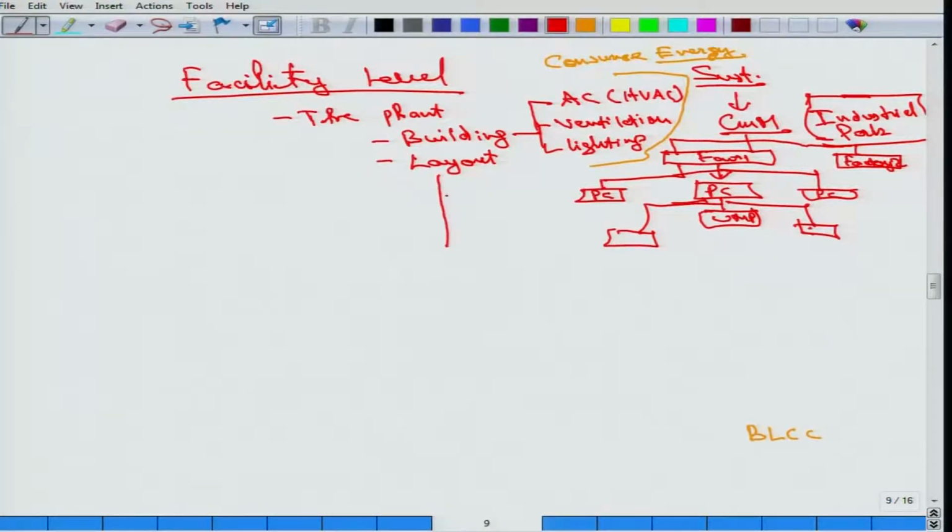In layout design, we need to consider minimum mobility, that is minimum material movement, material handling should be minimum.